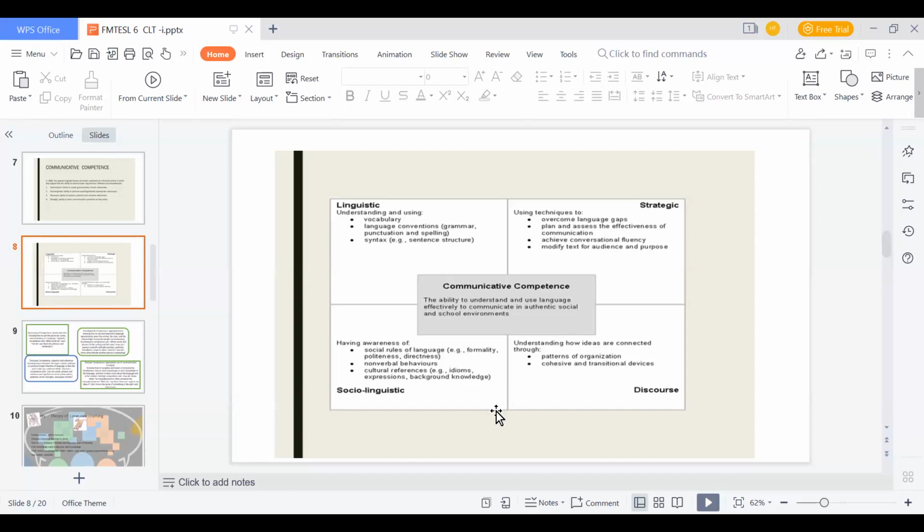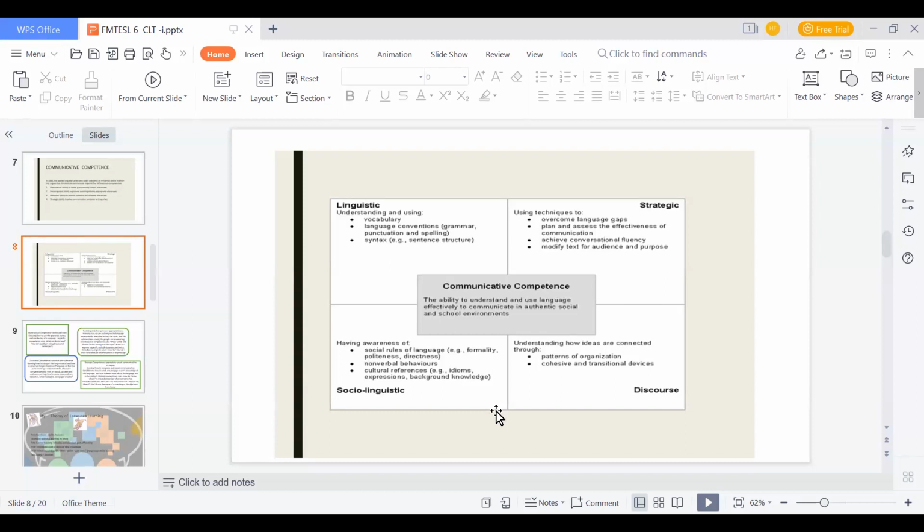And then background knowledge. For example, some cultures have their own concepts, maybe single parent and all that. So they have their own references to those cultural and background knowledge related things. So you have to be aware of those as well, right?